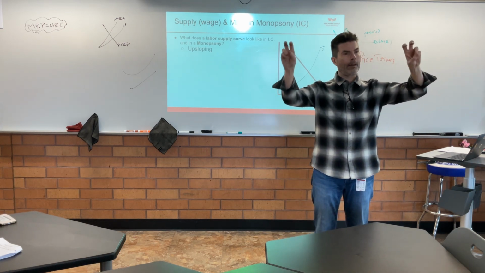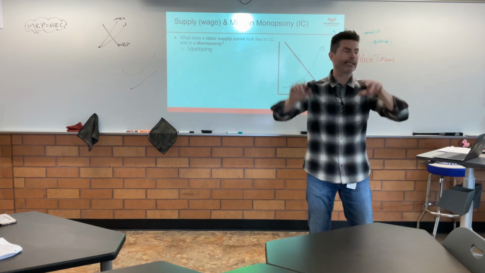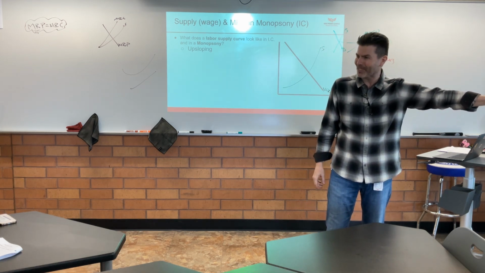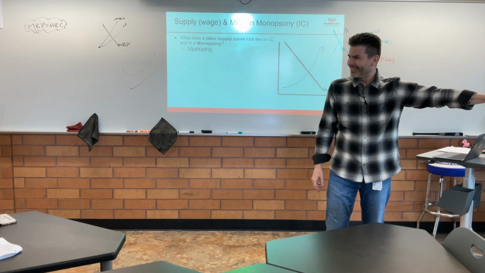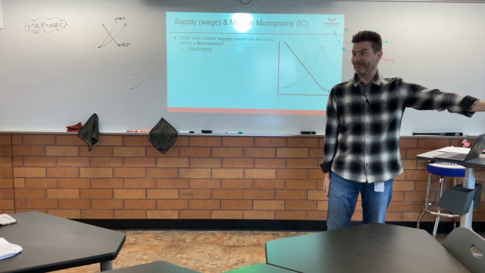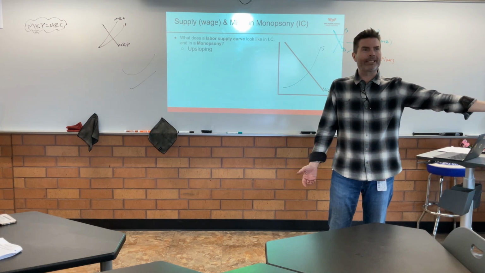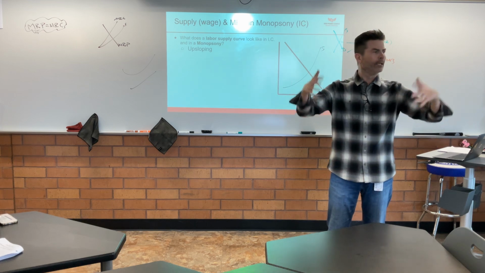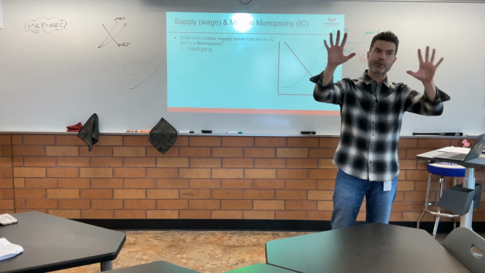This is theoretical, and I'll give you the theory and I'm going to give you the reality. In reality, I have to pay them $20. Now, why would I have to pay them $22 an hour? Because they're going to get mad at me, and I'm going to have a revolt, and I want to have my people happy. All right, so I want you to do the math behind here.